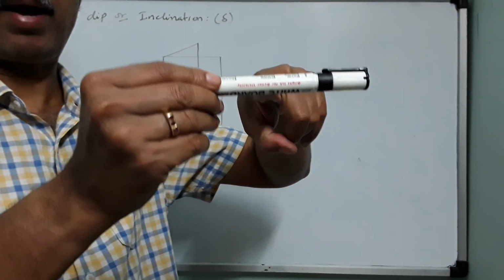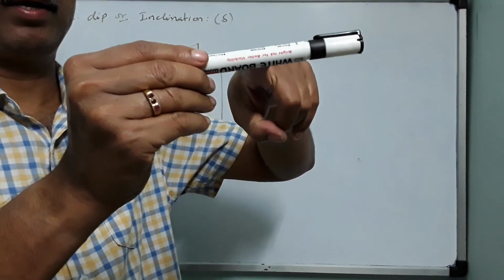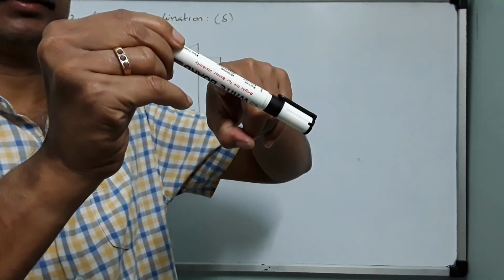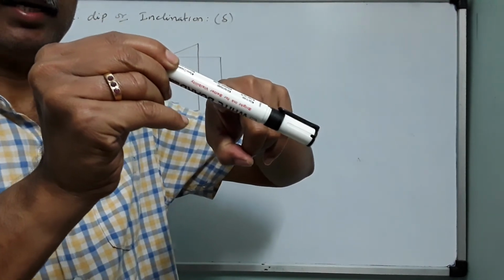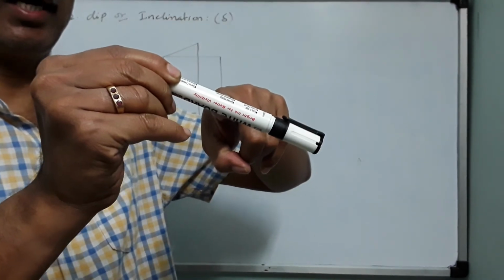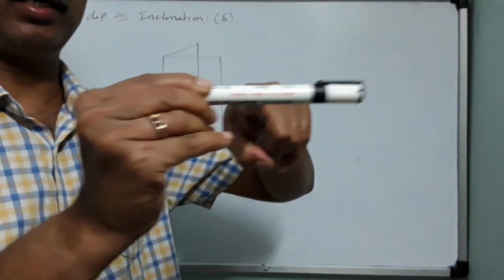If you suspend a magnetic needle about the horizontal axis, now what will happen? It will not be like this, rather it will be dipping like this. That is why this element is known as dip or inclination. It is inclined through an angle delta from the horizontal. So this is horizontal, children.